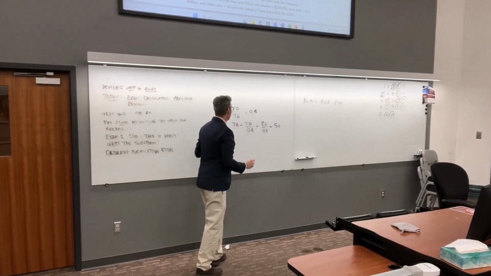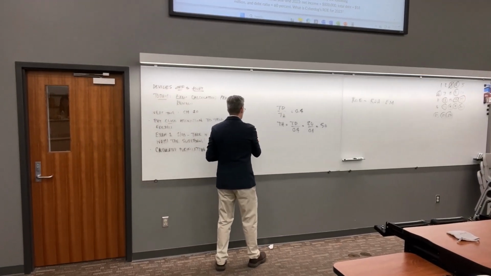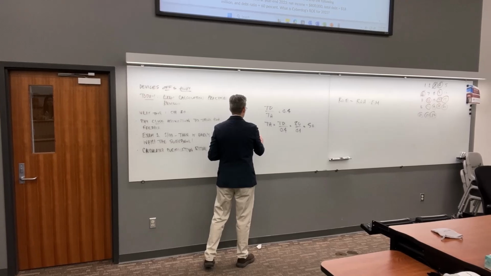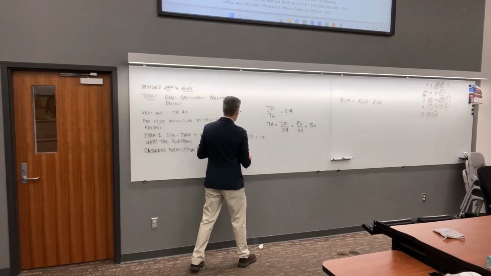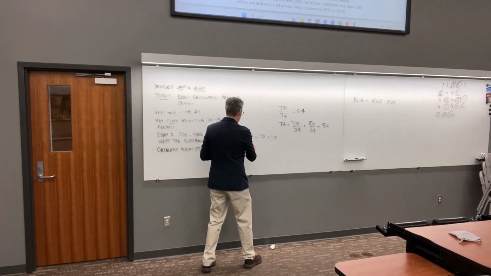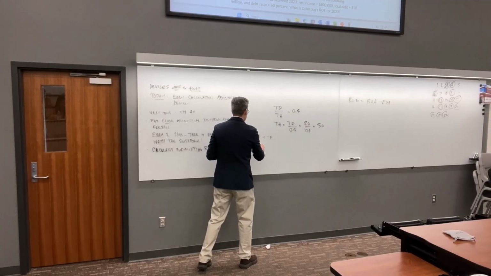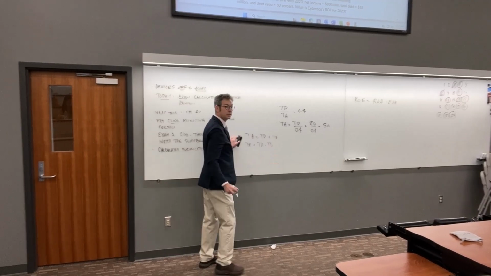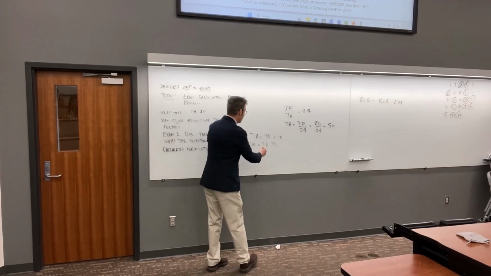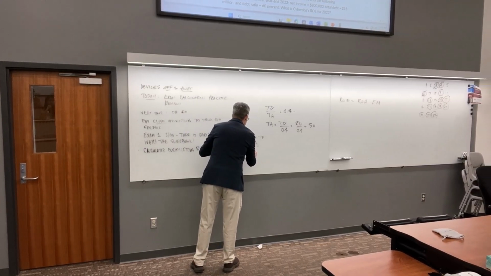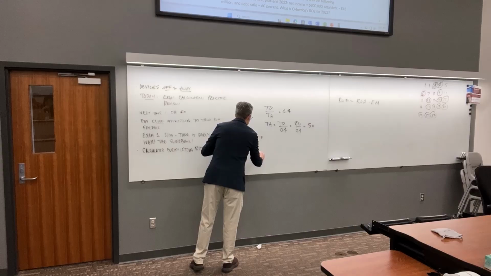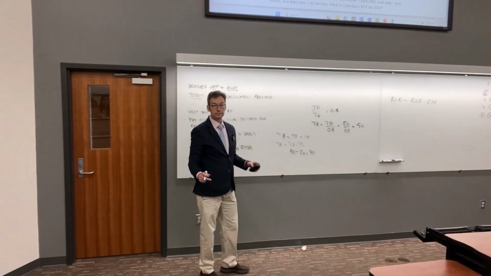Okay, now we know that total assets equals total debt plus total equity. Therefore, total equity is equal to total assets minus total debt. Does that make sense? Yeah. Okay, so we've got 50 minus 20 means our total equity is 30.